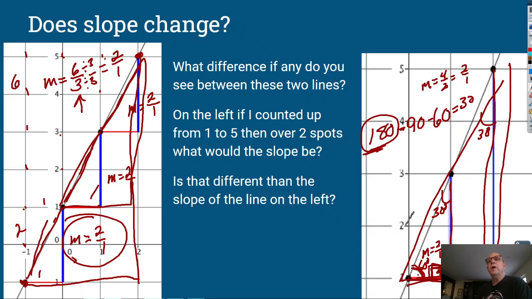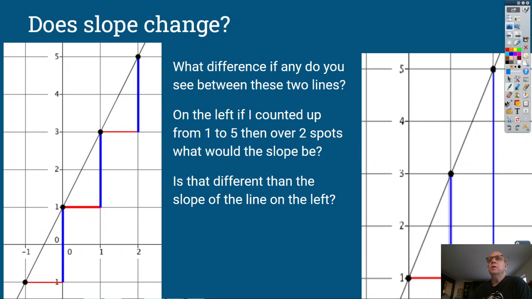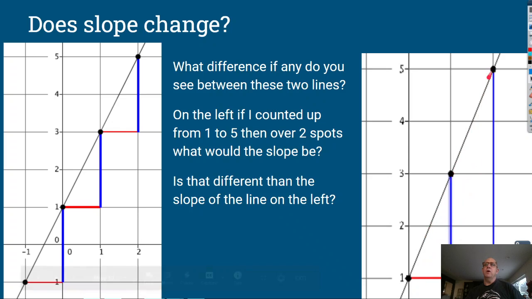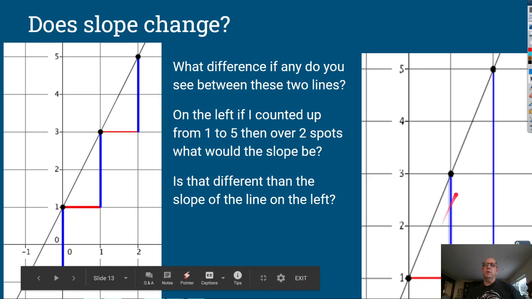So these two triangles have the exact same angles for all three angles, which means they're similar triangles, which means the only difference between these two triangles is the length of the sides. The angles and the steepness of the hypotenuse, this line here, is exactly the same.